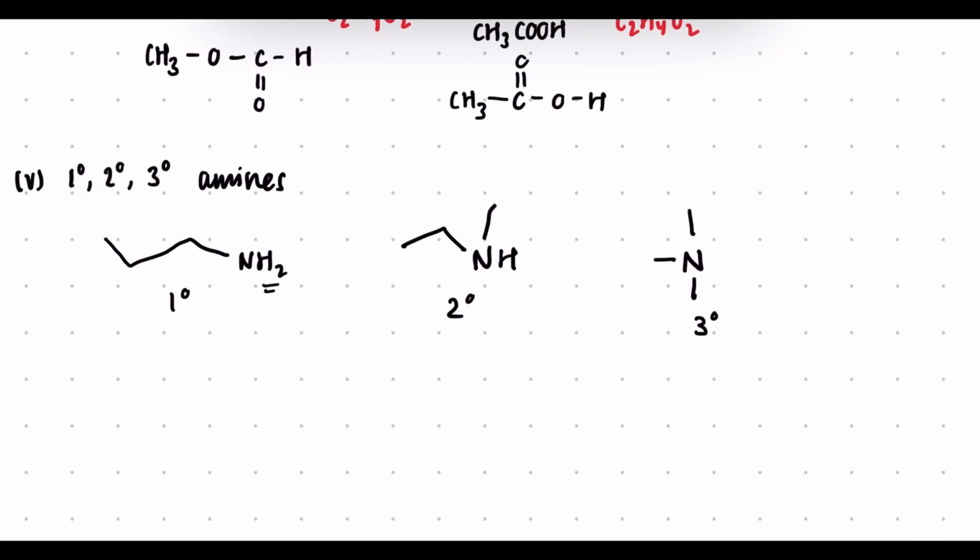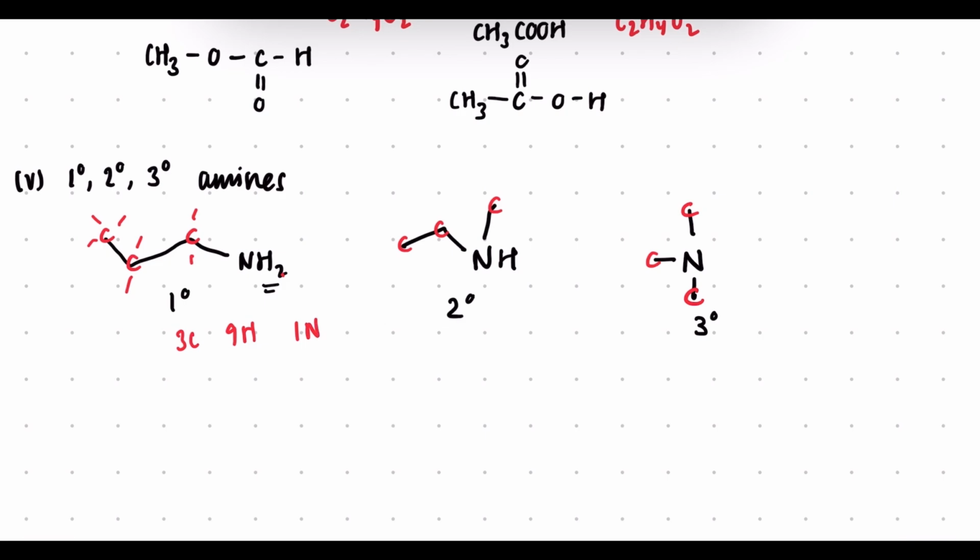So now if you check the molecular formula, let's check the molecular formula. So this is a carbon, carbon, carbon. I'm just drawing the carbons here. So now let's check the number of hydrogens. So this has 1, 2, 3, 4, 5, 6, 7, 8, 9. So there's 9 hydrogens, 3 carbons, and 1 nitrogen.